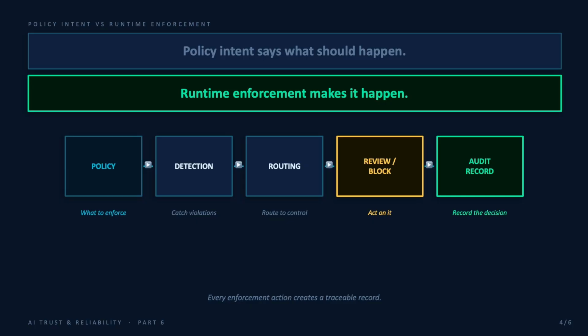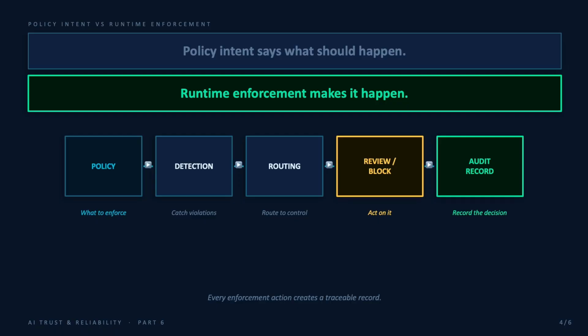A policy may say customer impacting high risk actions require review. That is intent. Runtime enforcement means the system detects that the action is customer impacting. It classifies the risk. It routes the case to the right review path. It blocks or approves the action. And it records what happened. That is enforcement.